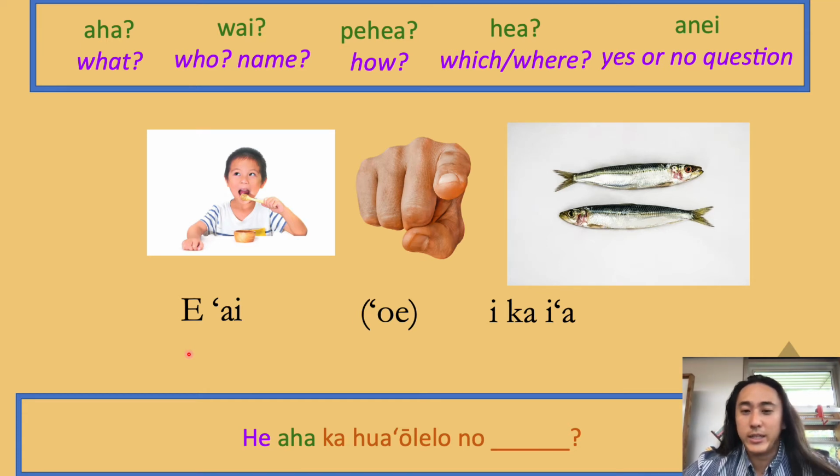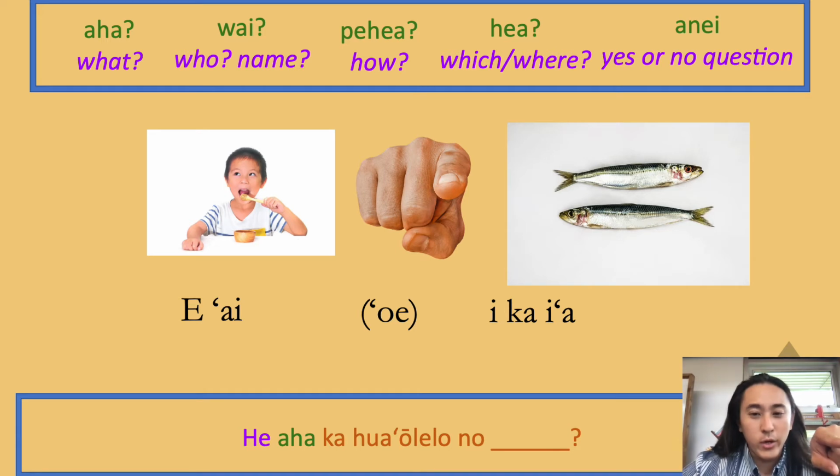Sometimes it could be more like a 'you should eat the fish.' E 'ai ('oe) i ka i'a, you should eat the fish. This 'oe is in parentheses for you. If you're talking to someone and telling them to go do something, you don't have to include the 'oe. So you could just say, e Kimo, e 'ai i ka i'a. Kimo, go eat the fish.